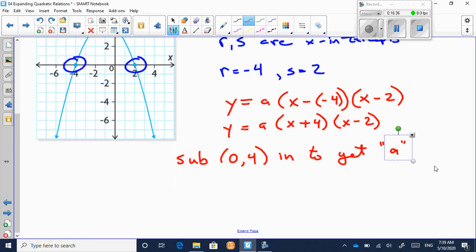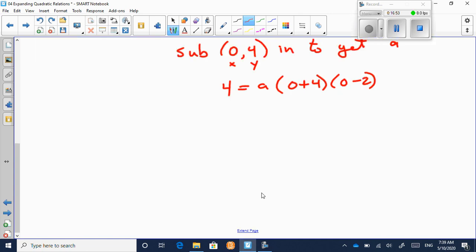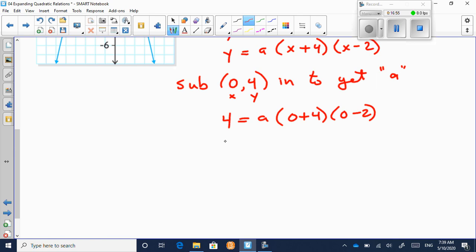Okay, here we go. So let's sub that in. So I'm going to sub in an x of 0 and a y of 4. So 4 is equal to a times (0 plus 4)(0 minus 2). So 4 is equal to a times 4 times -2.